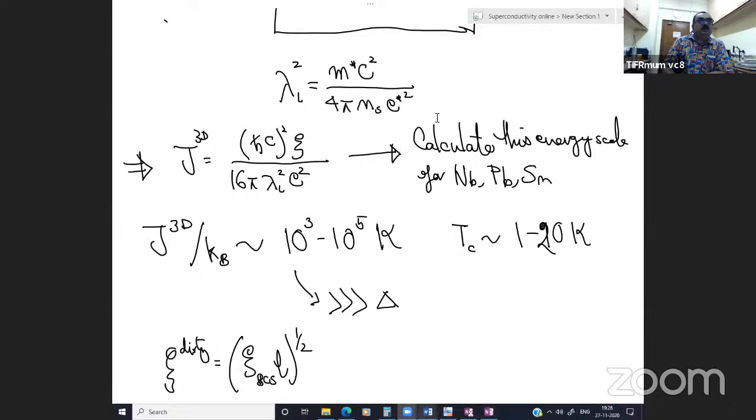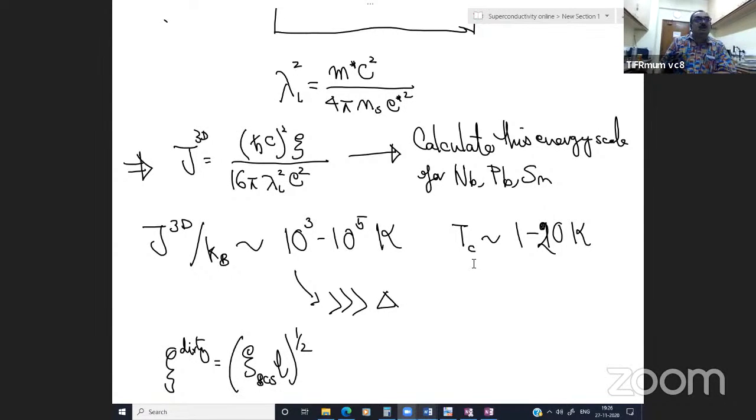No, pinning has nothing to do with it. Pinning is a completely different thing. We don't have a magnetic field here, we don't have vortices. I'm responding to the comments that are coming in the chat box as well. So in the dirty limit, the coherence length will decrease, as I have explained to you before.